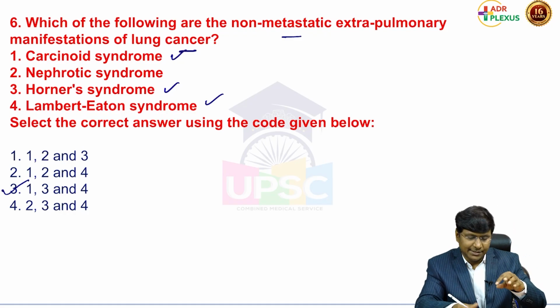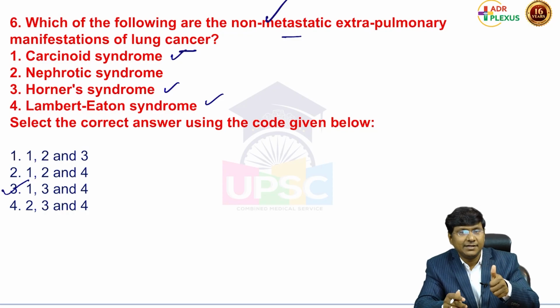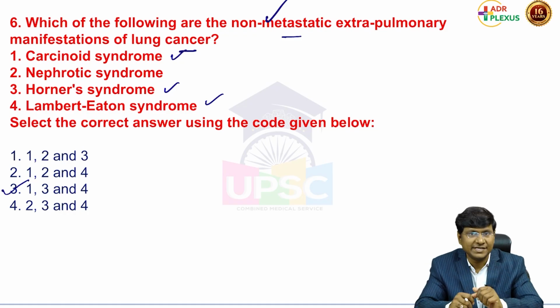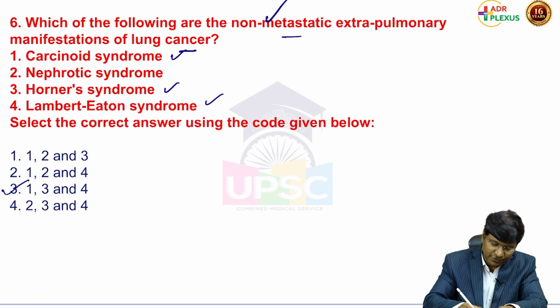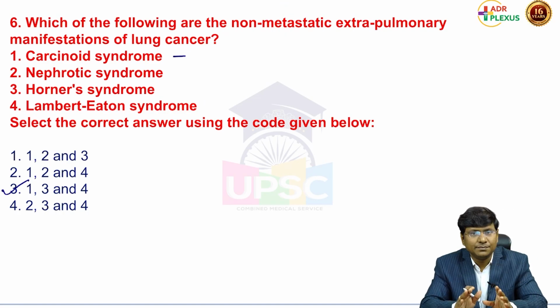And the non-metastatic extrapulmonary manifestations of lung cancer include various paraneoplastic syndromes, right? Take the first one, carcinoid syndrome. If you see the evaluation of the individual options, this syndrome is typically associated with carcinoid tumors, which can originate in the lung, but are non-specific to lung cancer.